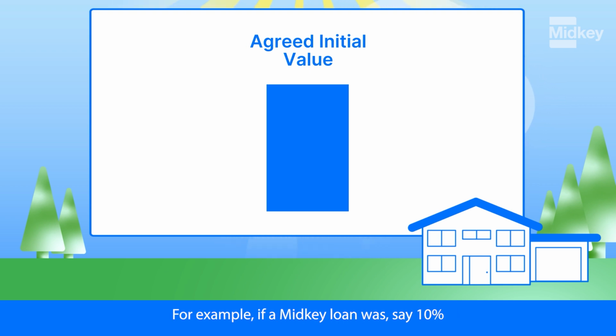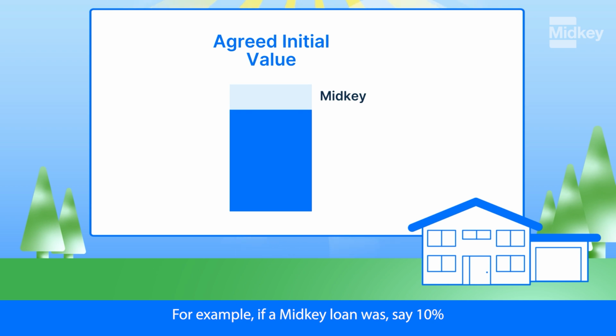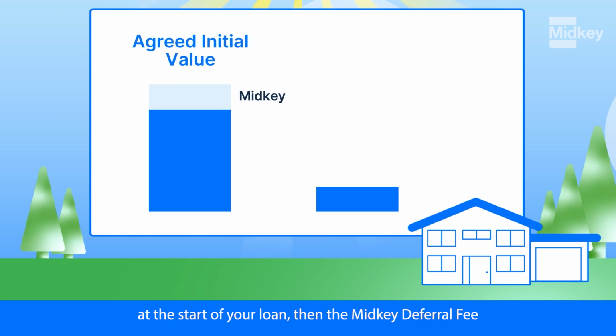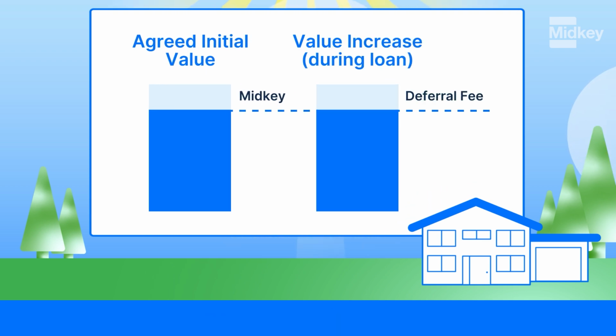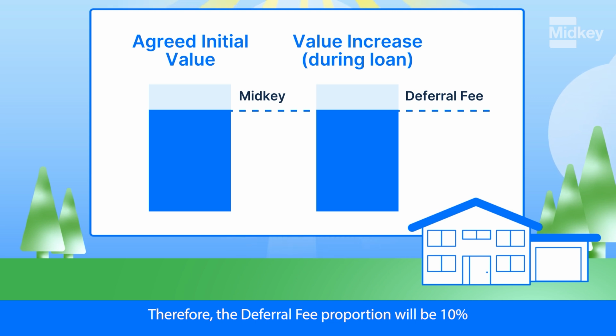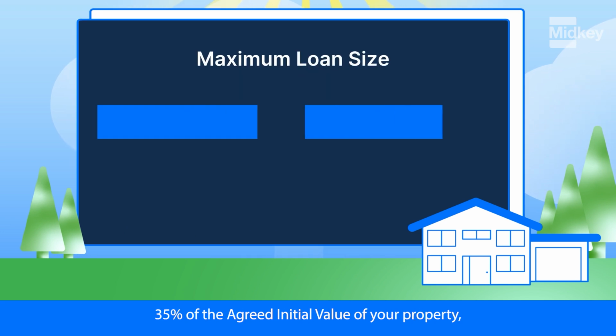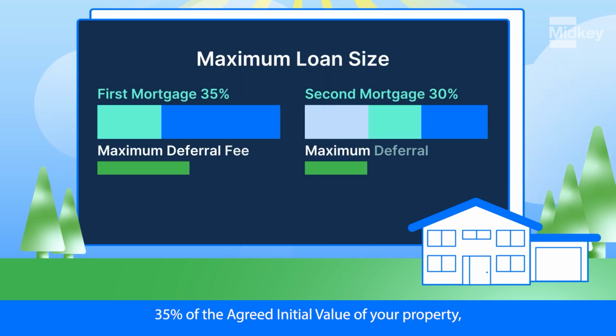For example, if a Midkey loan was, say, 10% or 20% of your property's agreed initial value at the start of your loan, then the Midkey deferral fee proportion will also be that same 10% or 20%. Therefore, the deferral fee proportion will be 10% or 20% of the increase in your property's value. The maximum Midkey can lend you is 35% of the agreed initial value of your property.